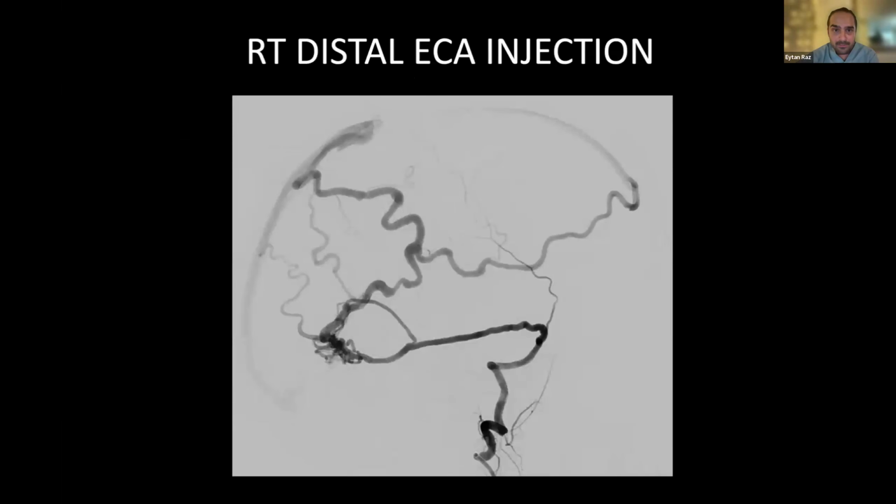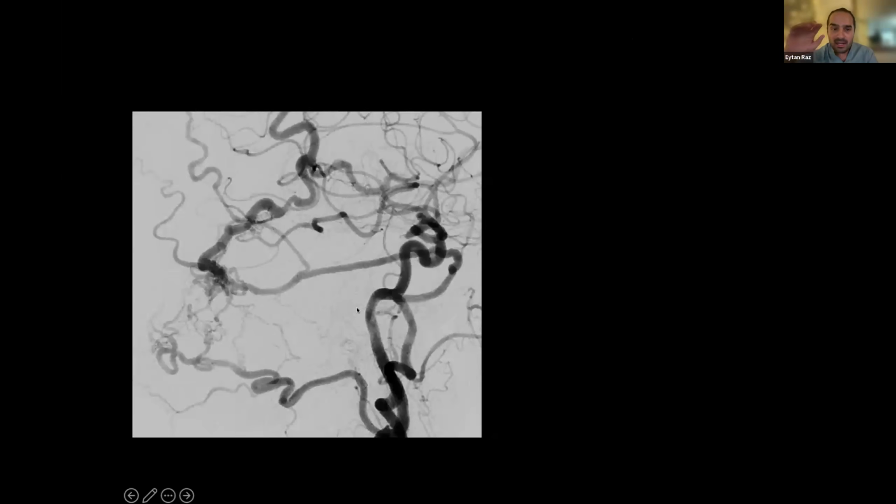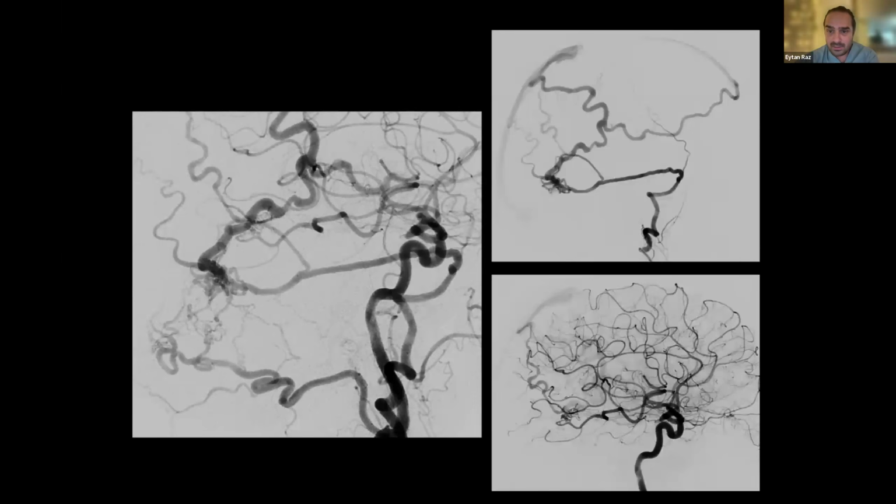Right distal external carotid artery injection. And we see better the shunt, again, the supply from the middle meningeal artery. Now here you start understanding that there's something a little odd because you see a little inflow, for example, here, but it's really putting everything side by side that we understand what's going on. So this is the common, external, and internal.